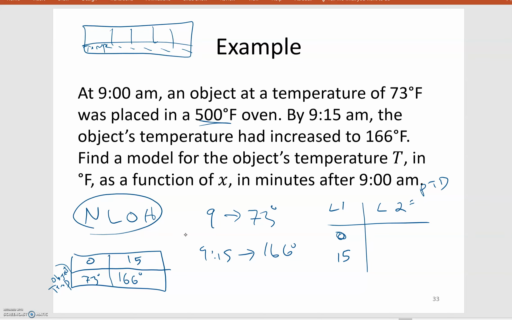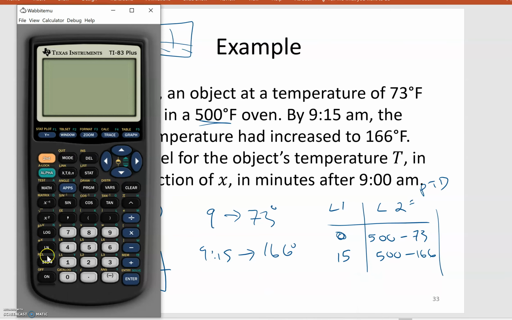The oven is 500 degrees, so this is going to be 500 minus 73, and this is going to be 500 minus 166. That's easy enough to do by hand. When I say by hand, I mean just to type these in. It's only 2 subtractions. So, all right, let's go ahead and develop our model.